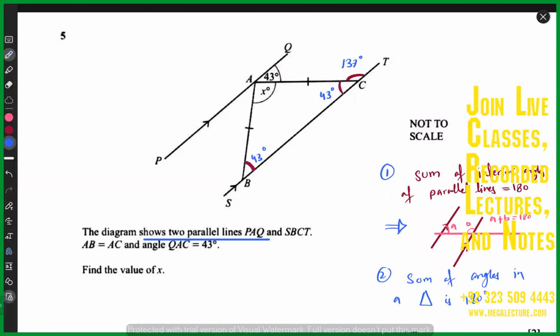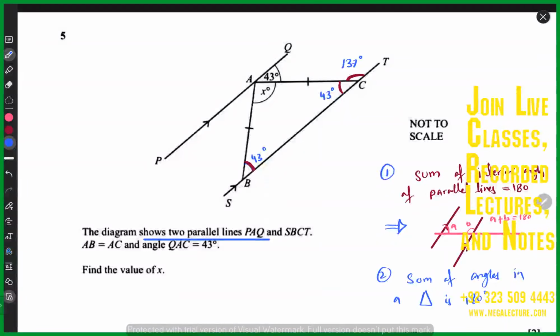Yes, what would be X degrees? It's 43 plus 43 plus X equal to 180 degrees. We know that the sum of angles in a triangle is 180 degrees.